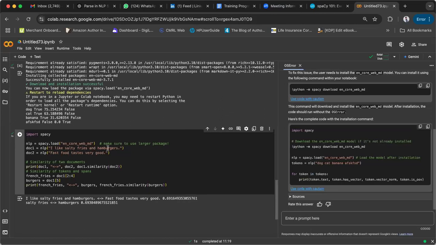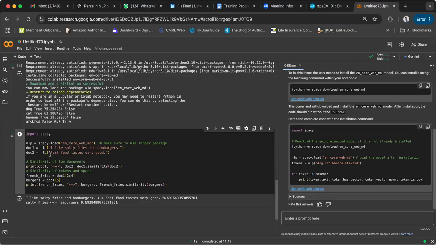Here we are trying to find the similarity between these two documents. In the doc1 variable we have saved "I like salty fries and hamburgers."